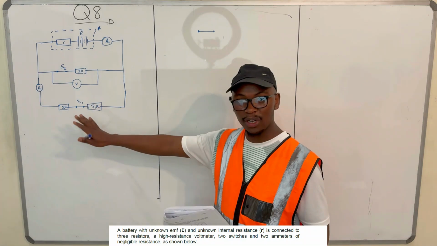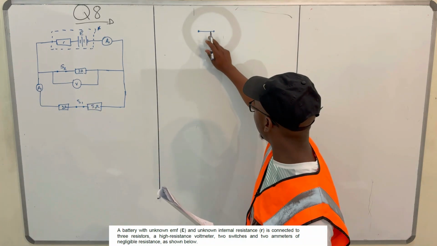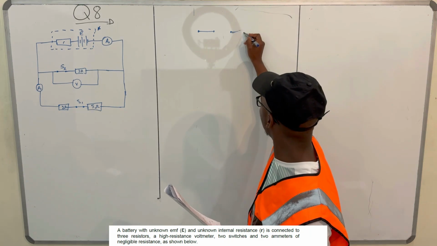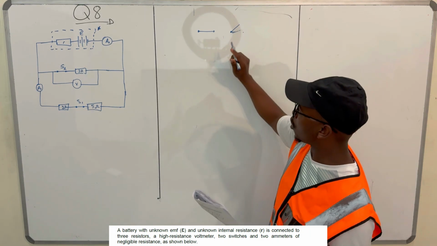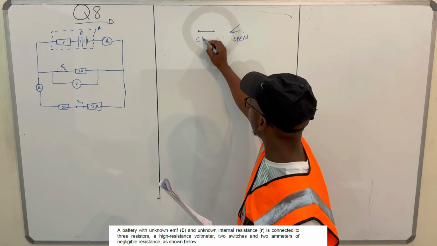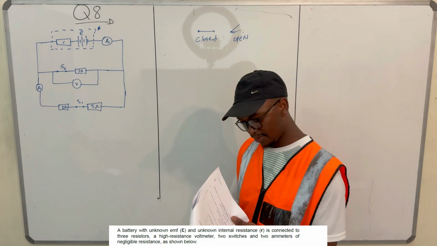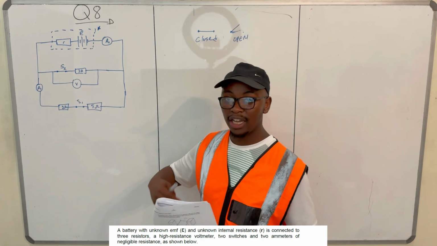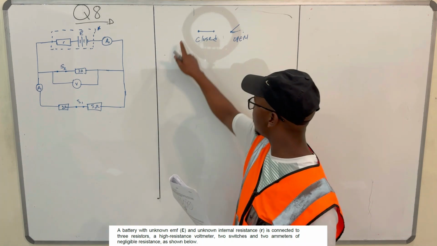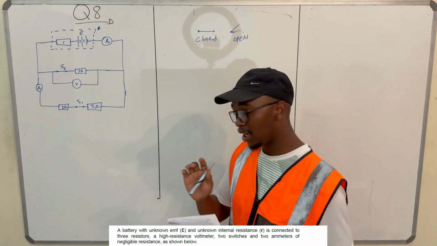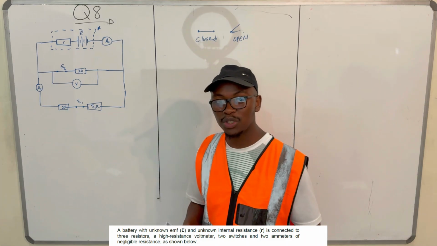If we're mainly focusing on this kind of switch, it can either be like this or like this. So this we call open, and this one we call closed. It tells you that in this circuit the switches are closed, and when the switch is closed, or you can see continuity within this path, it means current is flowing. Okay, I just wanted to explain that when you look at switches.